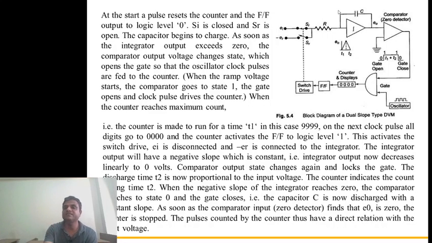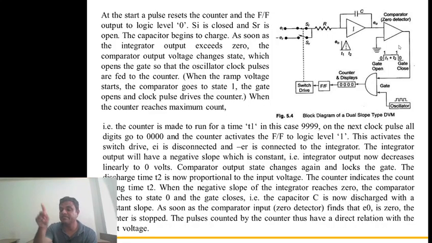During the discharging time, this counter, which is initially reset to 0 when the whole process starts, counts in the upward direction. It goes 0, 1, 2, 3, 4 and so on, and this counting process continues till the end of the T2 duration. At the end of T2, this voltage E0 will again be 0, and the output of this comparator again changes state.